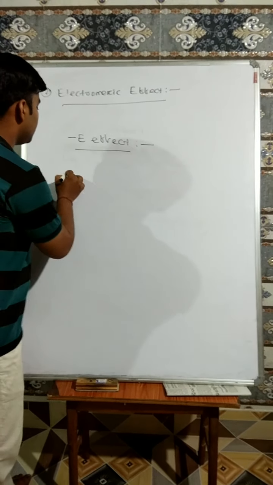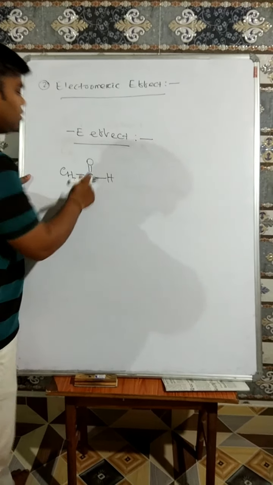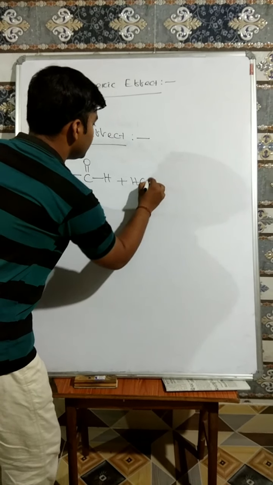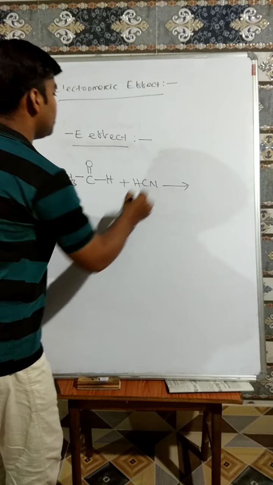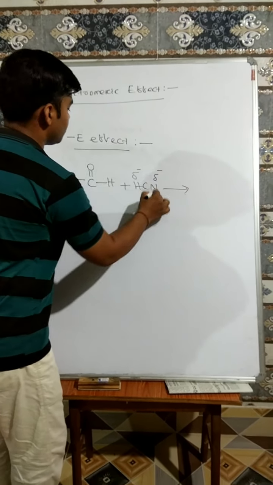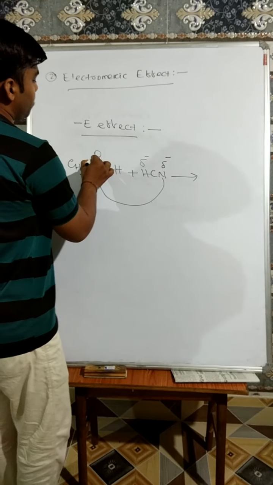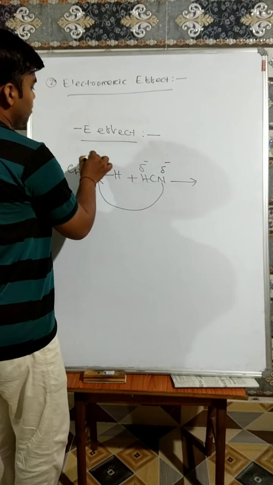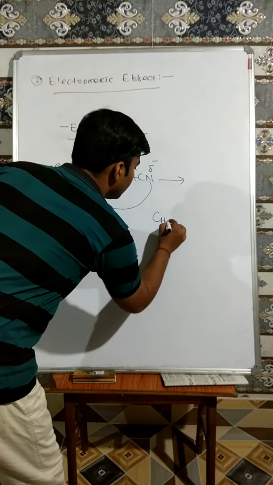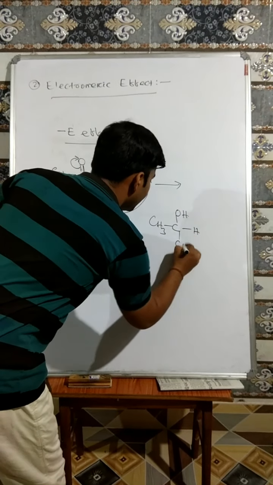Suppose, for example, you take a carbonyl compound, suppose acetaldehyde, when it adds with hydrogen cyanide. Here the cyanide ion is the nucleophile, it attacks the carbonyl carbon, and the pi bond delocalizes towards the oxygen atom, and we get the product CH3CH(OH)CN, the corresponding cyanohydrin product.